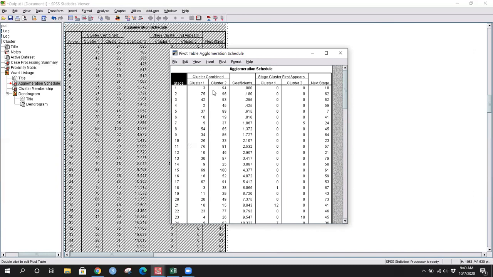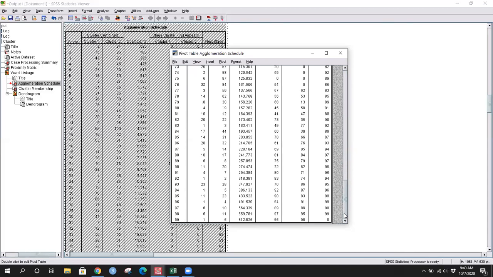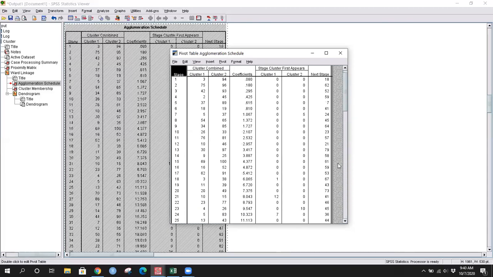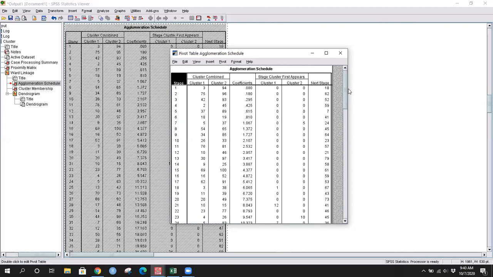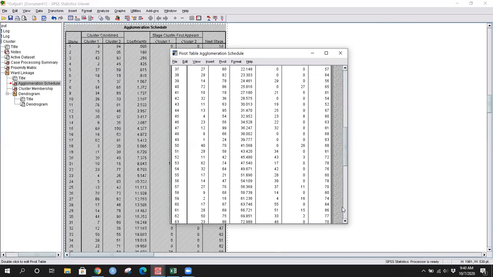To be really specific, the number of stages you're going to come across in this table would be one less than the total number of cases you have taken in cluster analysis. Say you took 100 people to make clusters. When you compare two people in one stage, then two other people in another stage, the number of such stages would be one less, right?